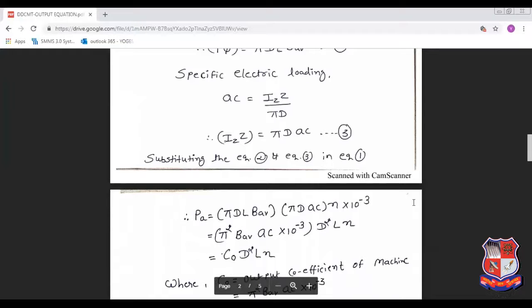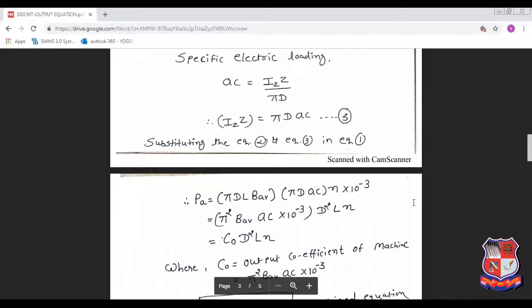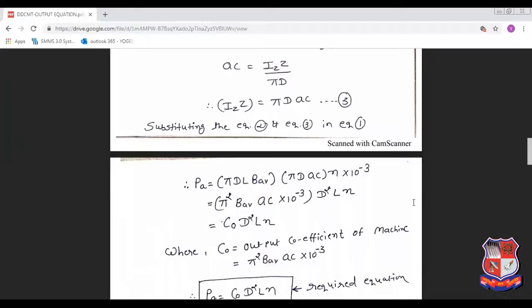Now, substitute equation 2 and equation 3 in equation 1. So, power developed by the armature PA is equal to, in the bracket, pi D L B_av, multiplied by, in the bracket, pi D ac N into 10 raised to minus 3. Now we rearrange the terms and combine the constant terms.